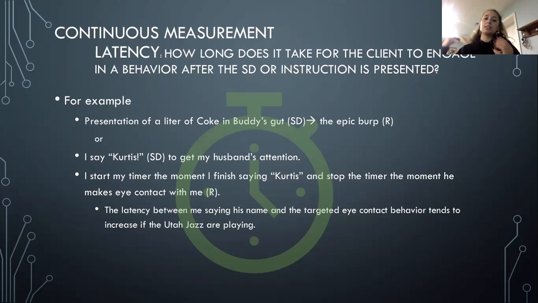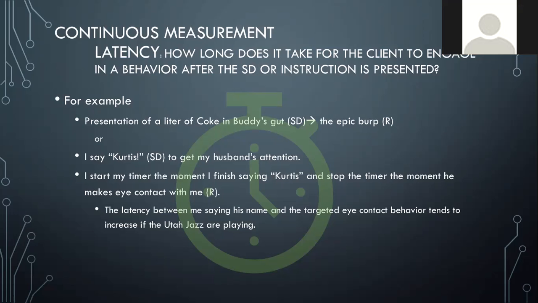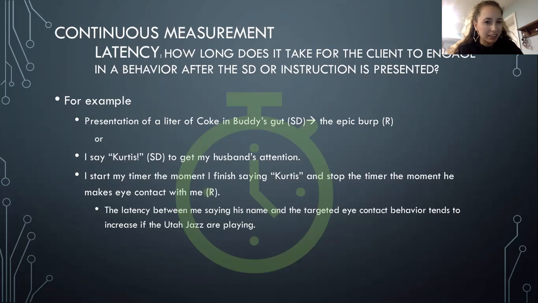That's because this client typically has a 5 to 7 second latency between the time that you say their name and the corresponding eye contact. So I think we use it a lot in that context where it's like, just wait before you prompt, before you mark an incorrect, just wait for that 5 to 10 second latency. Does that make sense?